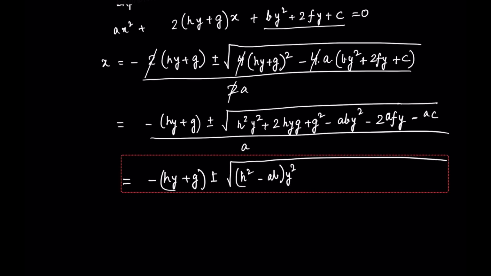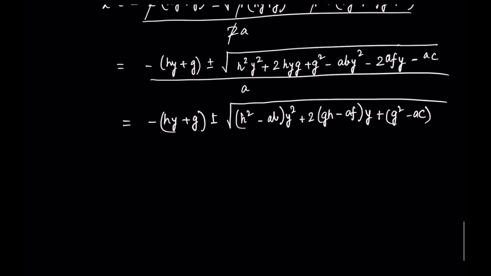And now let's take the y part together. So plus 2 gh minus af into y plus g square minus ac. This part, correct? This divided by a.